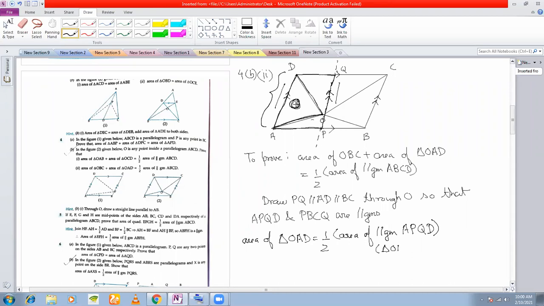Triangle OAD and parallelogram APQD lie on the same base AD and between AD parallel to PQ.